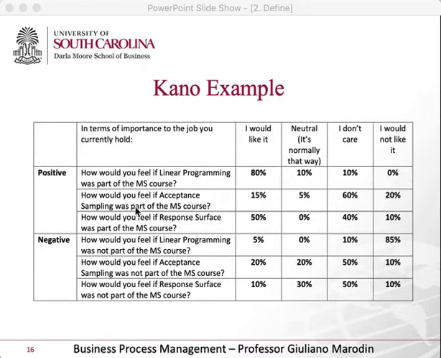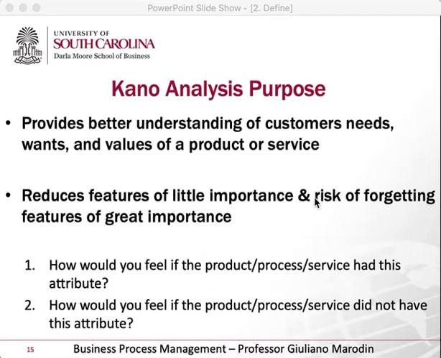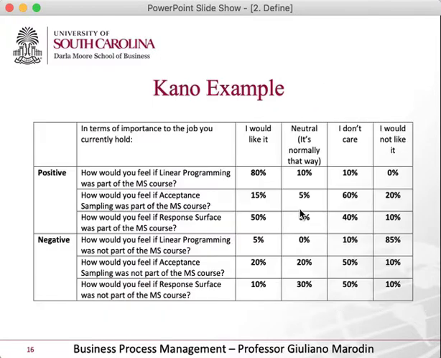The second, how would you feel if acceptance sampling was part of that? 15% said they would like it. 5% said, oh, I hate when it does that, why are you doing this? 5% said, it's normally there. 60% said, I don't care. So very different than linear programming, right?